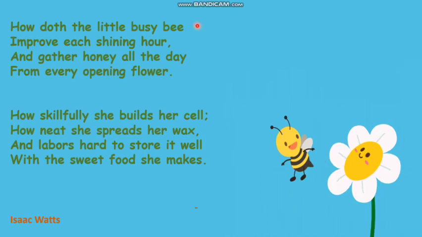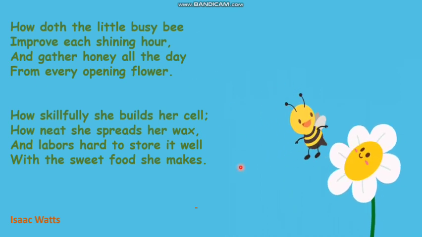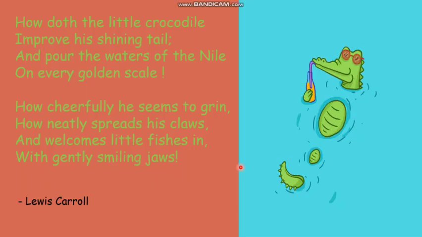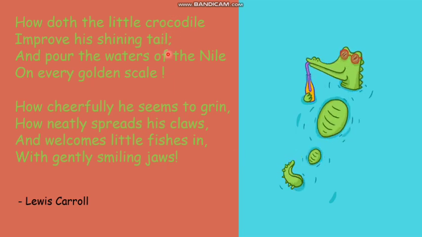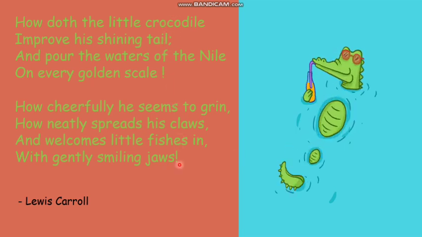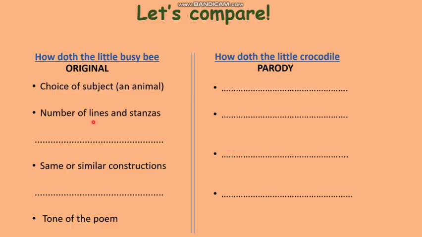And how many stanzas? 1 2. Great. Now we'll read how many lines in this? 1 2 3 4 5 6 7 8. And how many stanzas? 1 2. So basically it's the same for both. 8 lines 2 stanzas, 8 lines 2 stanzas.